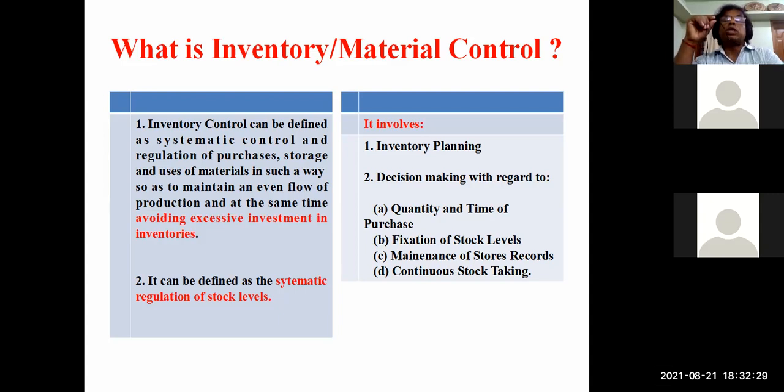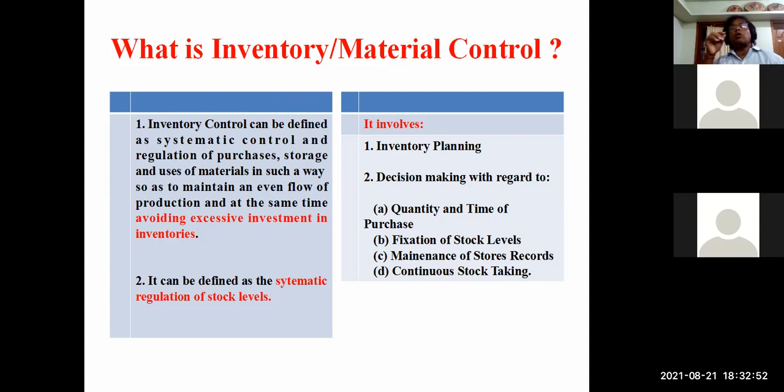And number two, there are two things. One is inventory planning, the other is decision making. These two are very, very important. Planning is one thing, decision making is another thing. So you plan, and when you plan, different options will be there. You take the best option. That is decision making.